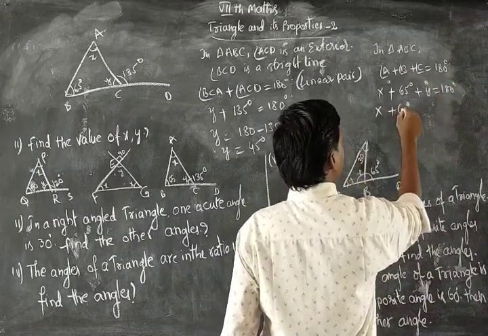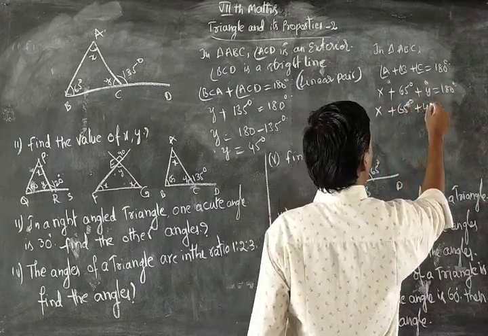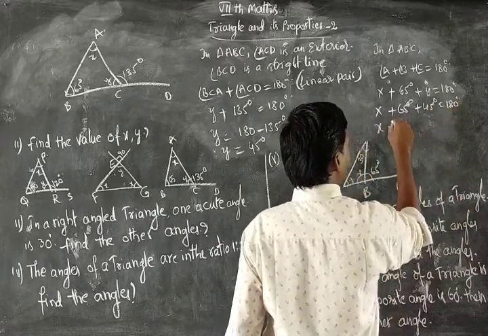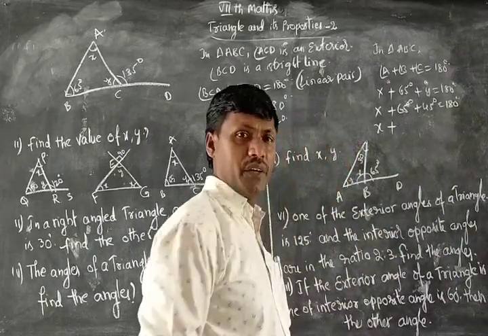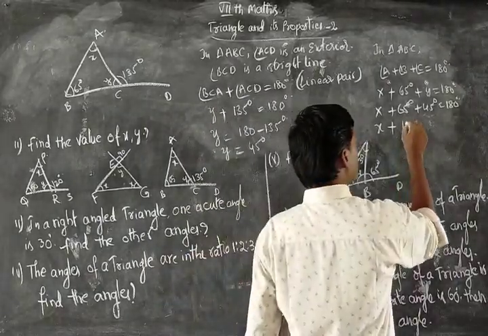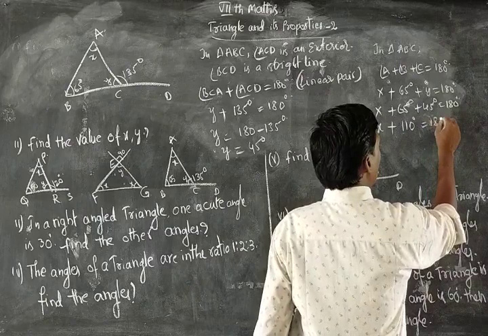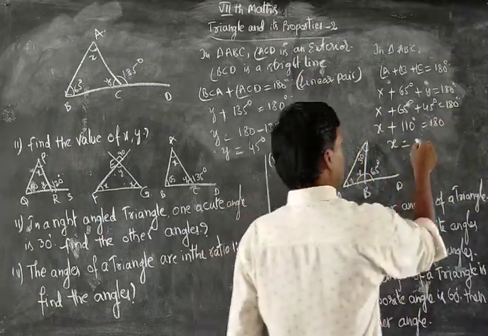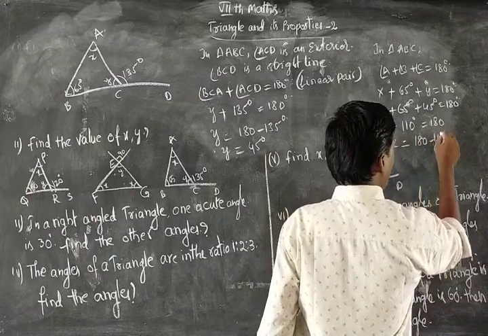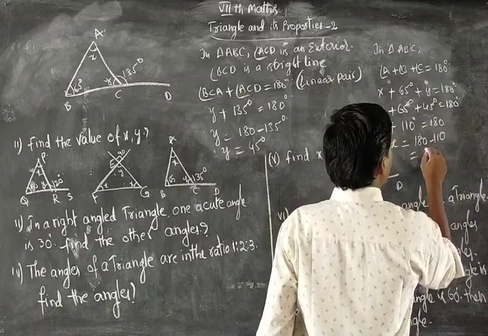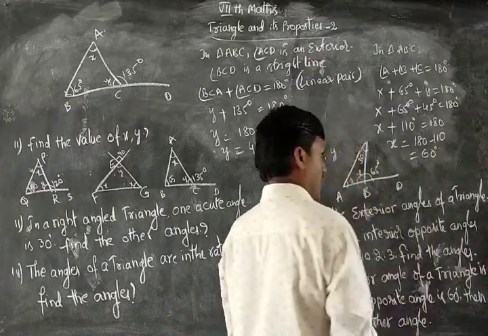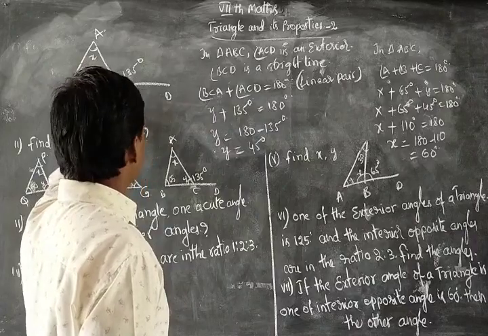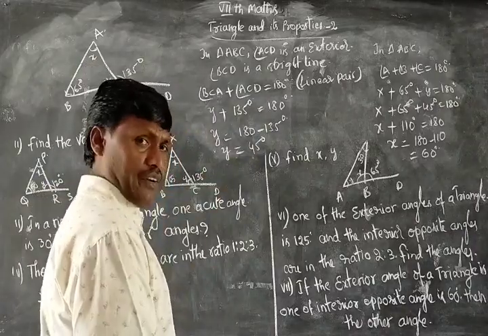So x plus 65 plus 45 is equal to 180. Then x plus 110 is equal to 180. Making x the subject, 180 minus 110 is 60. So x is 60 degrees and y is 45 degrees.